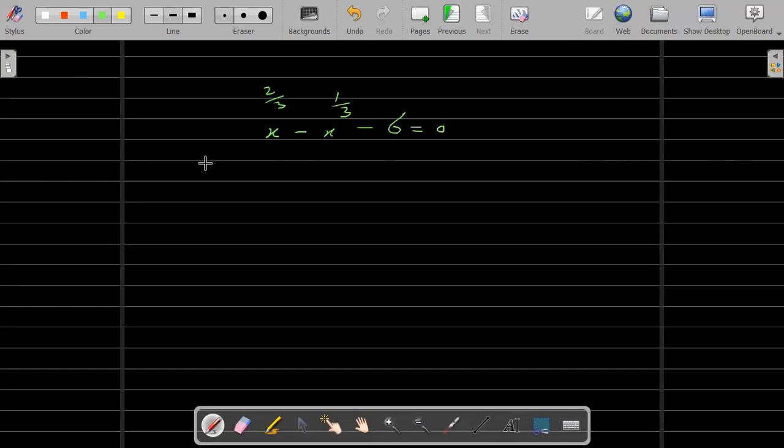You can see that in these equations there will always be the square of this value. If you say x power 1 by 3 is equal to t, put it here, so it will become t square, right?